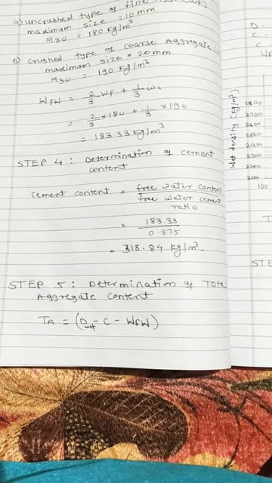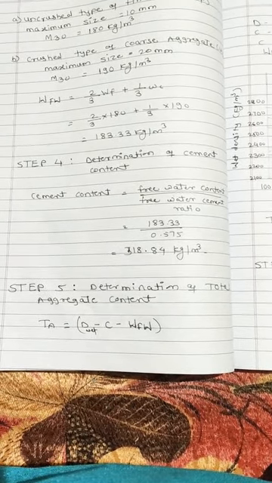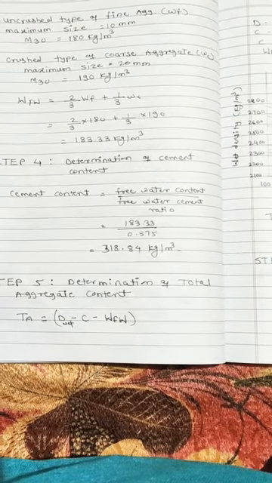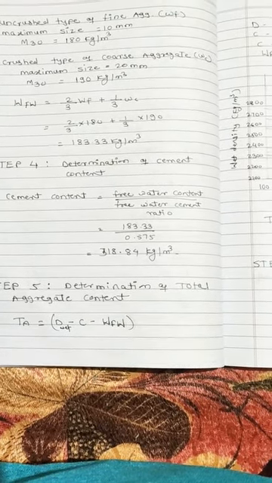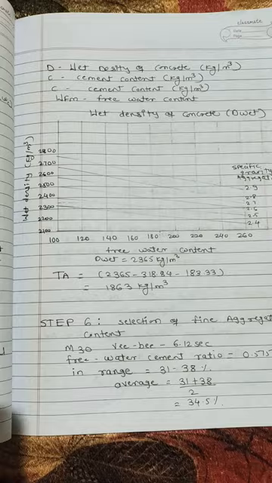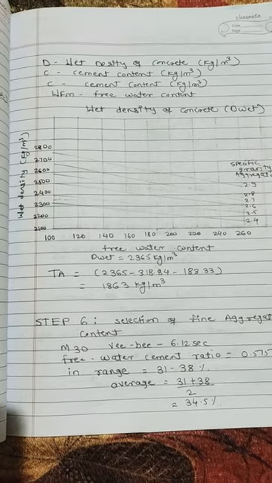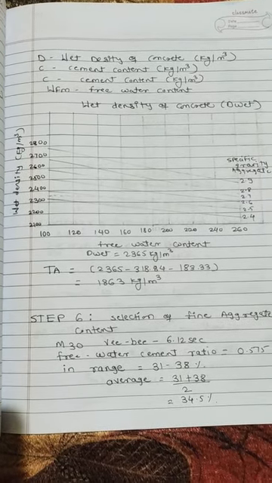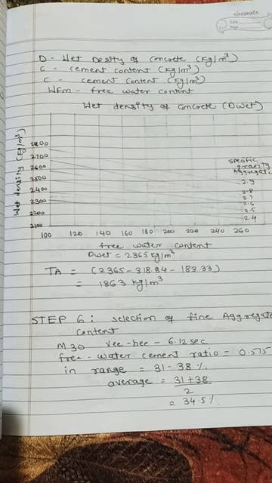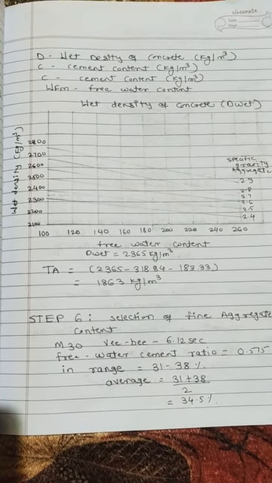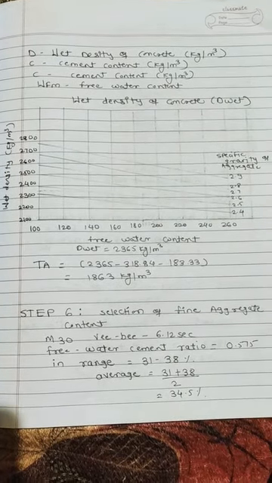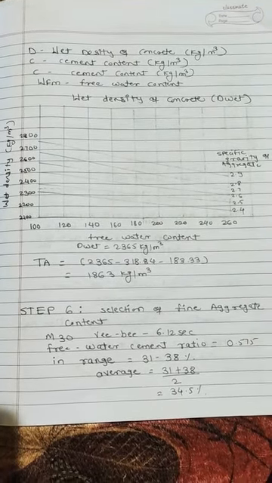Now step number 5, determination of total aggregate content. The formula is TA equals D minus C minus W. D is the weight density of concrete in kg per meter cube, C is cement content in kg per meter cube, and W is free water content, calculated in step number 3.